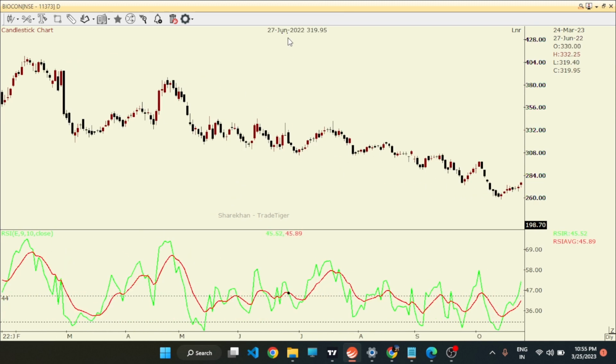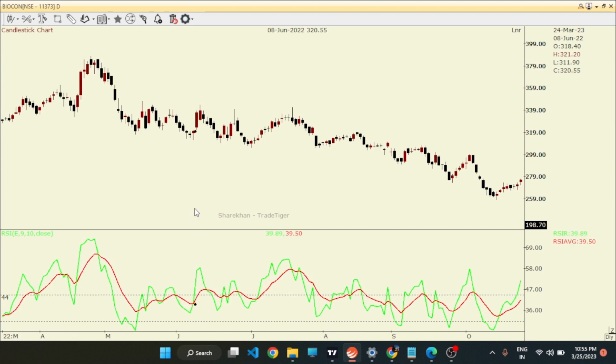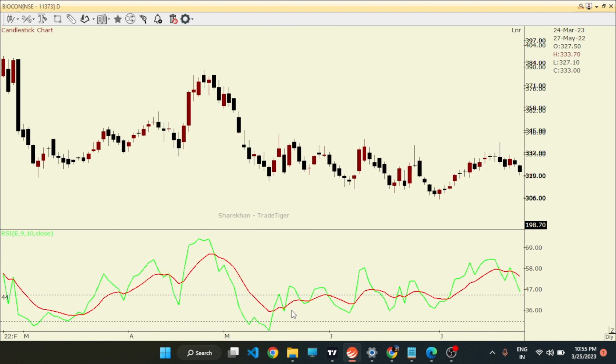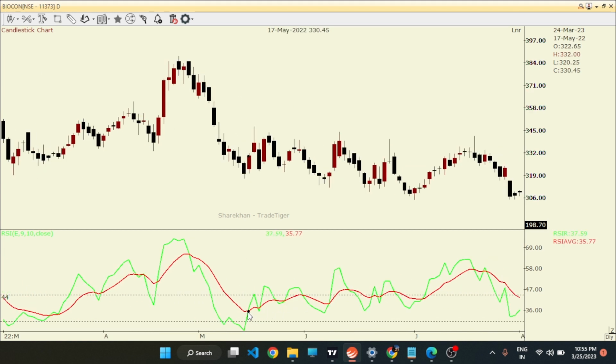Let's begin from here. 17th May 2022, as you can see, the candle closing was that. In the chart you can see the crossover happened on 17th May, but in real time it will happen on 18th May. The candle closing was 337.85 and low was 332.